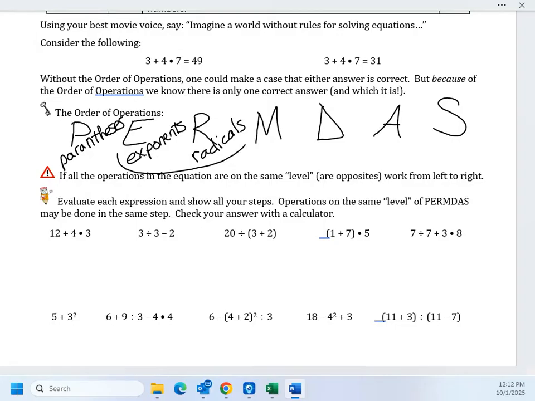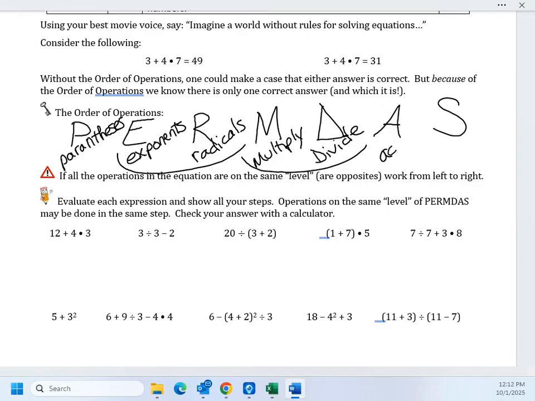What is the M, Laurel? So what is the D, Ellen? Division. They are on the same level because they are opposites of each other. 7 times 3 is 21. 21 divided by 3 is 7, right? They work together. What is the A, Holland?